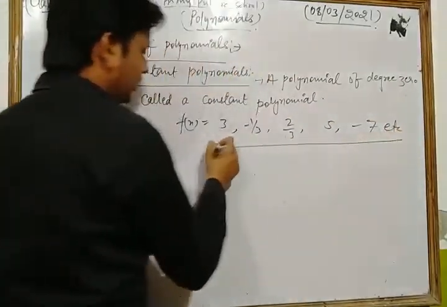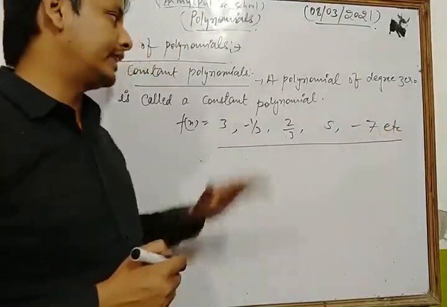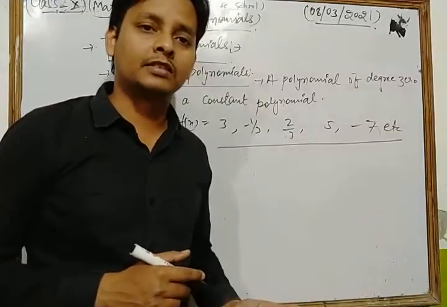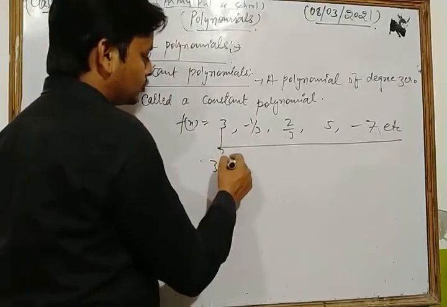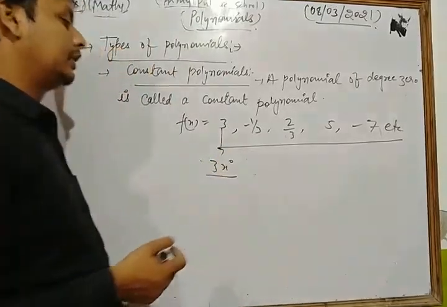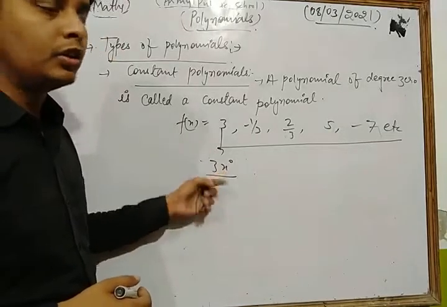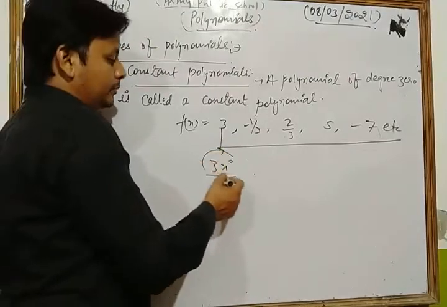All these are constant polynomials, because in these polynomials there are no terms related to the variable x. So dear student, we can write 3 as 3x to the power 0. Now you know that the value of x to the power 0 is 1. In this way we can say that the degree of that polynomial is 0.